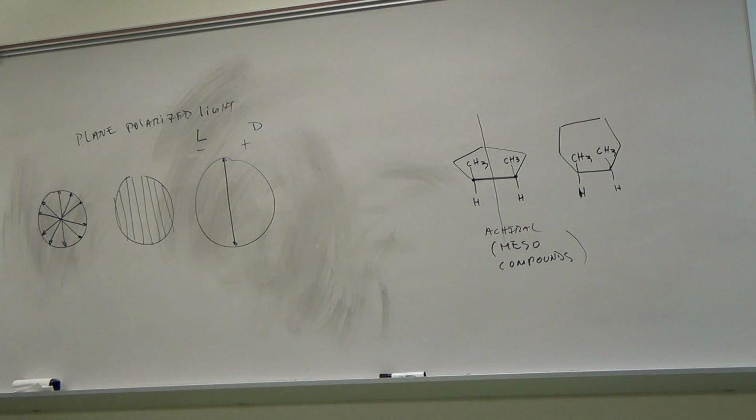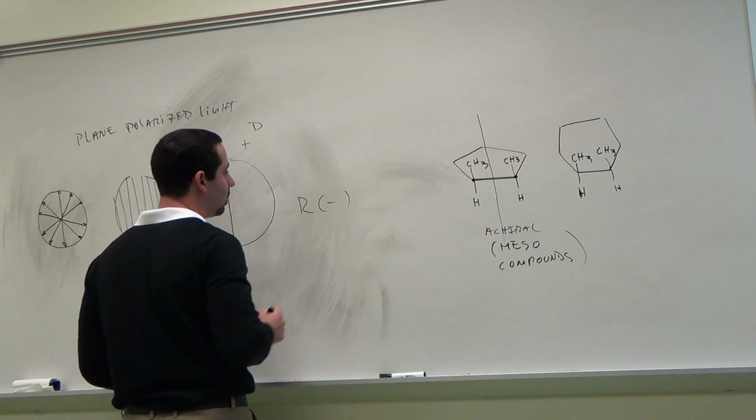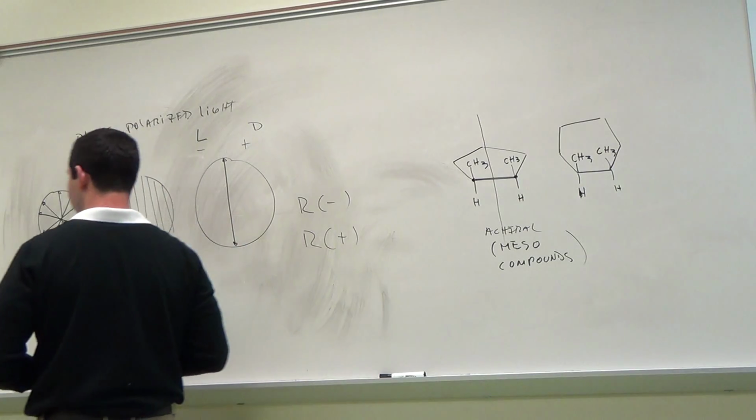This plus or this minus has nothing to do with R or S. You can have something that is R with a minus, or you can have something that is R with a plus.